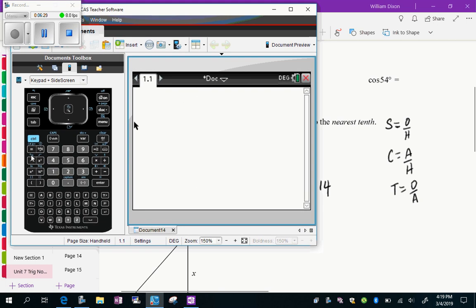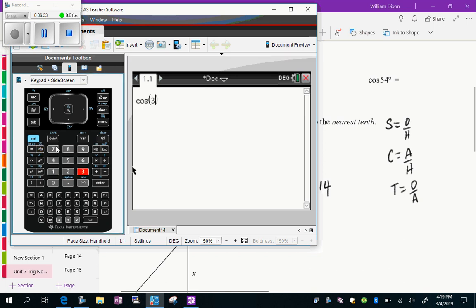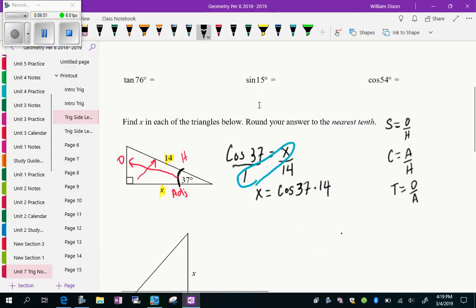So go back to Trig, cosine, 37 degrees, close the parentheses, and that's going to be times 14. Enter, and the value I get is 11.18. So x equals 11.18. So my answer is going to be 11.2.